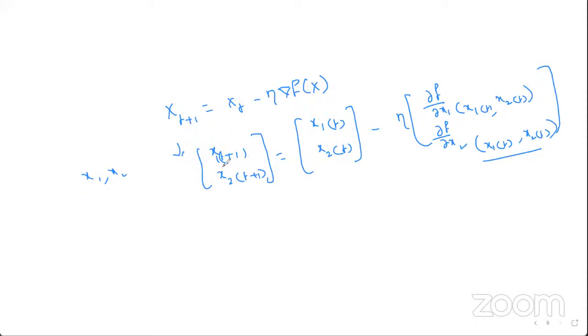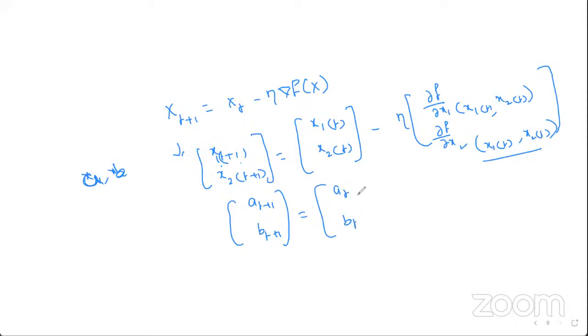Yes, sir. Maybe x1 of t plus 1 might be confusing. Okay, if we just take this as A and B, then it will be easier, I guess. So we take A t plus 1, B t plus 1. Replace the entire equation which you saw previously. Think of x1 as A and x2 as B. Right?